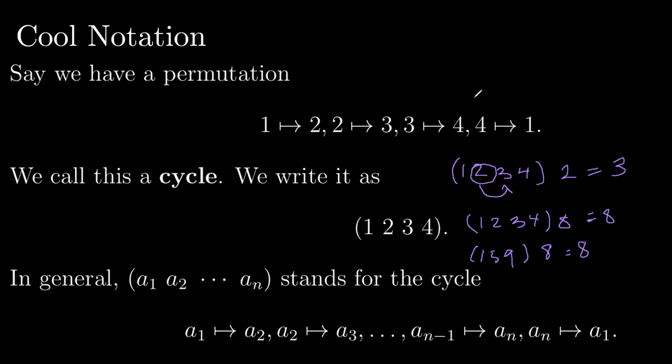But when we talk about S100, there are permutations that will only permute 1, 2, and 3. For example, in S100, we have the permutation that only swaps 1 and 2. We don't want to have to write all of the numbers from 1 to 100 just to describe a swap between 1 and 2. So we only write the numbers we're swapping, and whatever numbers we're fixing, we don't write.